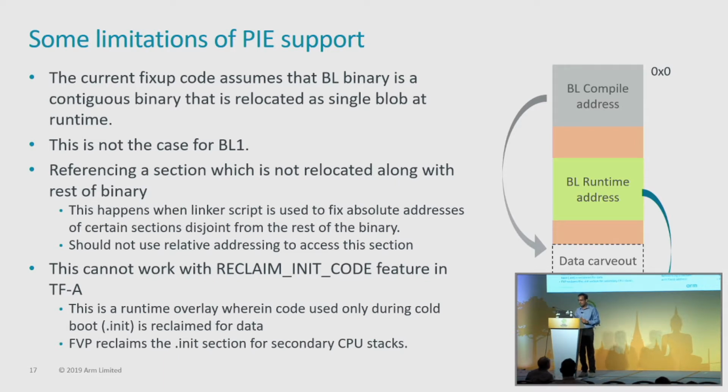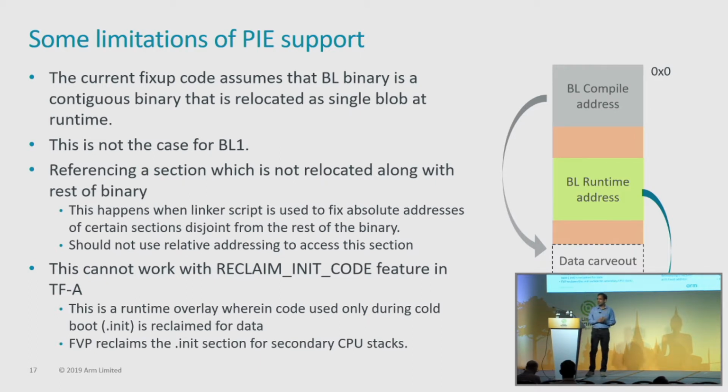Another limitation is that because firmware is quite tight on memory, we tend to use memory carve-outs for storing data at runtime. Some of these carve-outs are created using linker scripts which fix an absolute address to that carve-out. So when you relocate your binary, these absolute carve-outs remain at the same location, whereas your binary moves.